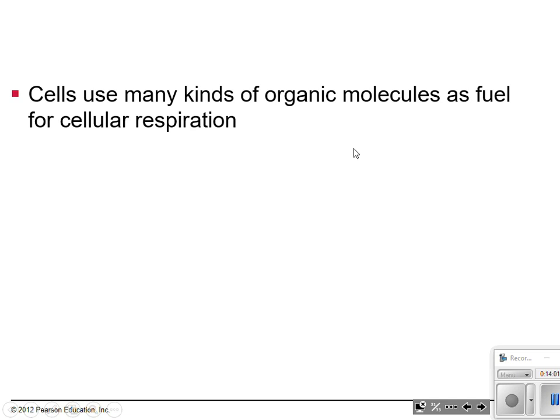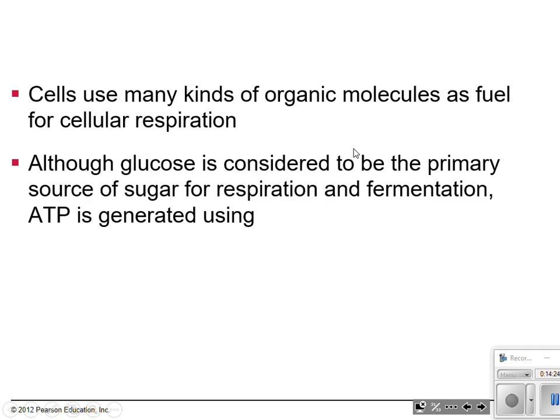Cells use many kinds of organic molecules as fuel for cellular respiration. Although glucose, remember that guy? Glucose is considered to be the primary source of sugars for respiration and fermentation.